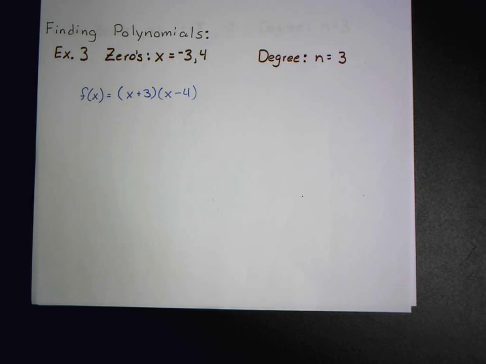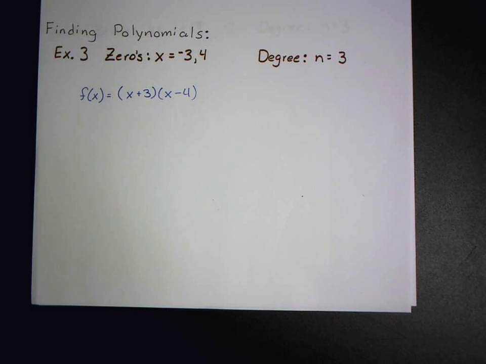So it's nothing special. However, we're going to make it a little bit bigger than what we've done before. We have 2 zeros, but it tells me my degree is 3. Is this going to give me a degree of 3? No, that gives me a degree of 2. So one of those has a multiplicity of 2.